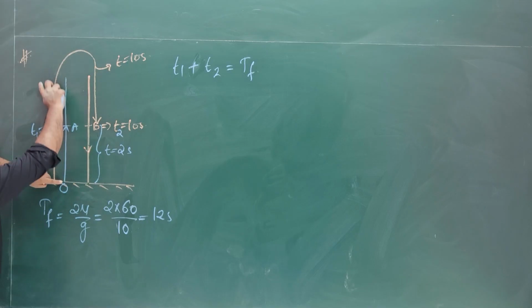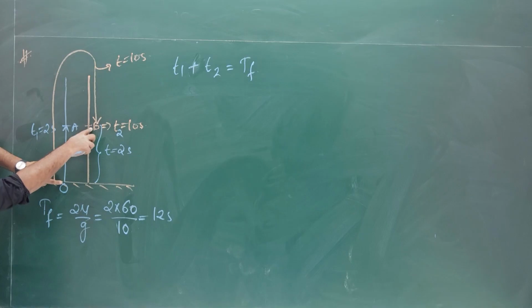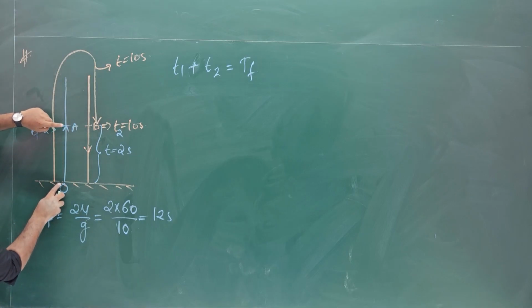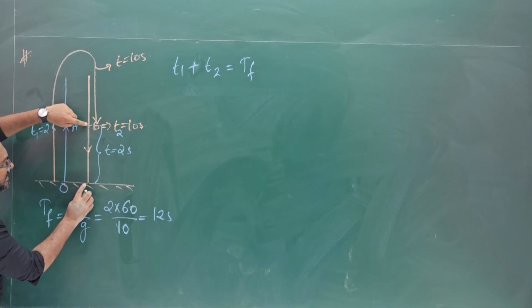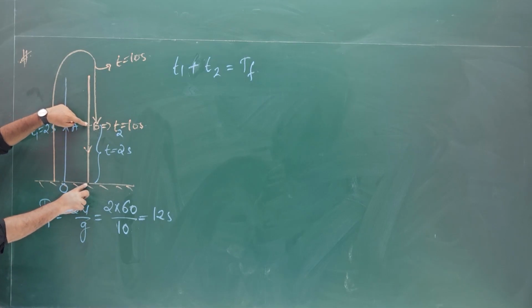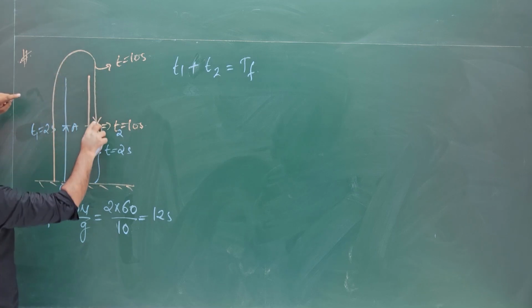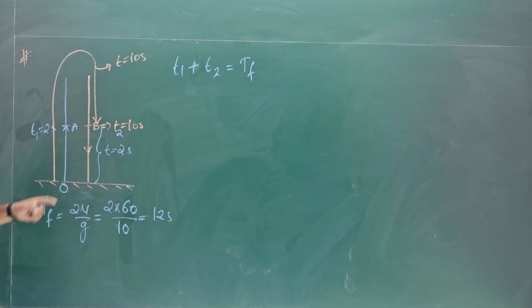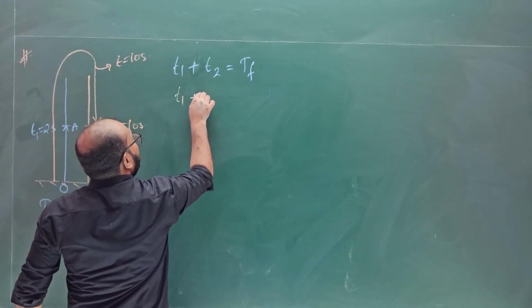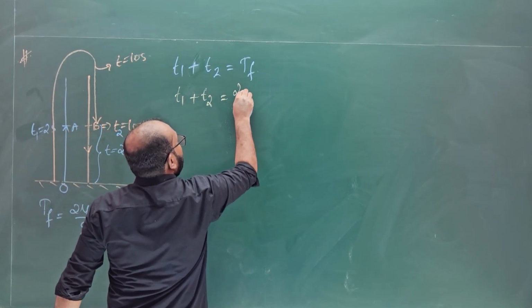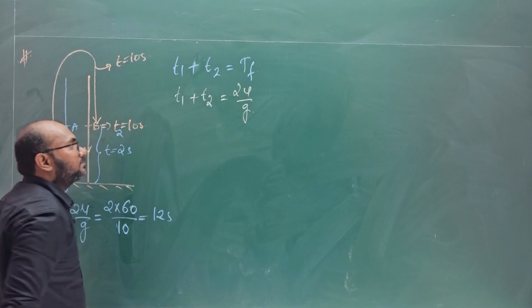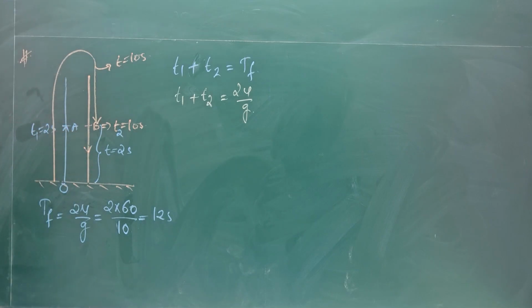From here, then coming back till here, how much time? 10 seconds. Okay. If the object is moving from here to here in 2 seconds, that means it will take the same time period from here to here, 2 seconds only, na? Yes or no? Okay. Now, from here to here 2 seconds, from here to here 10 seconds. Again, the time of flight, that is 12 seconds, we got. So, can I also say that this T1 plus T2 is nothing but 2u upon g? 2u upon g.